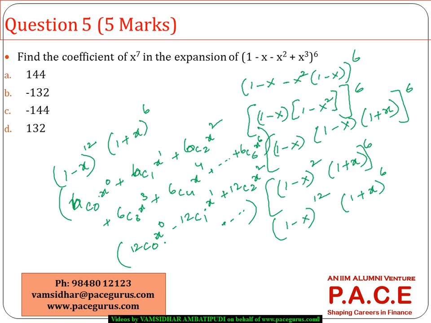Now if I want the x power 7 term, this is x power 0, so this number is to be multiplied with the x power 7 term here. So I'll get minus 12C7. Then what about the other two?